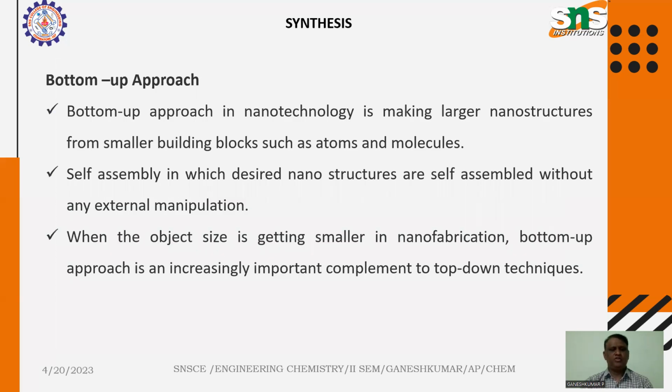In the bottom-up approach, nanotechnology is making large structures from smaller building blocks such as atoms and molecules. In self-assembly, the designed nanostructures are self-assembled without any external manipulation. And when the object size is getting smaller in nanofabrication, the bottom-up approach is an increasingly important component to the top-down technique.